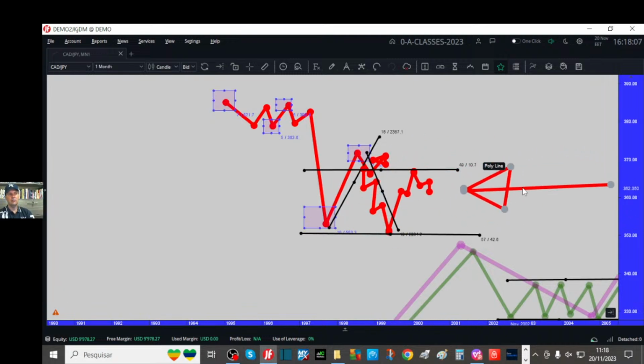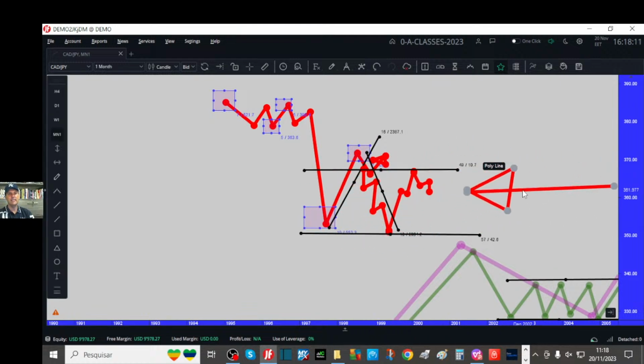So this is a losing game when it comes to trend trading. You might write this down. Consolidation becomes a losing game when it comes to trend trading, meaning you are going to lose.